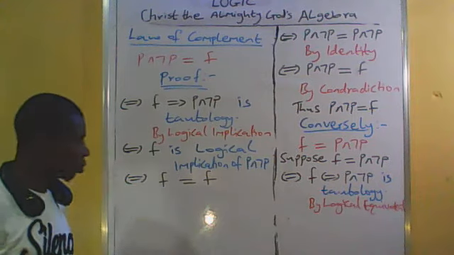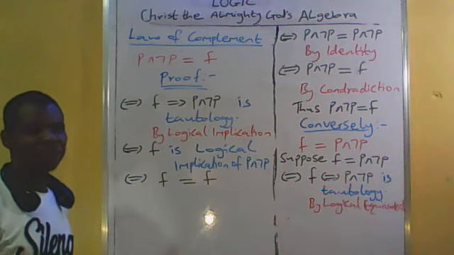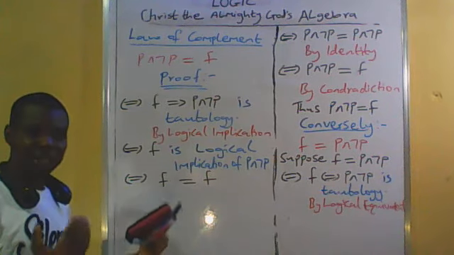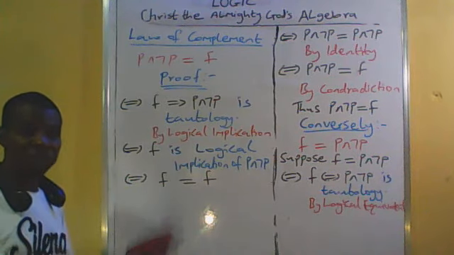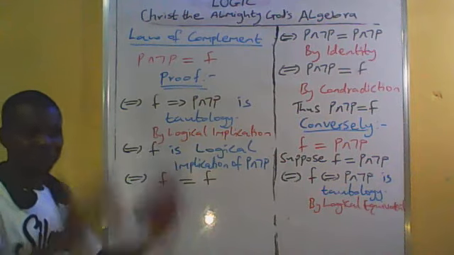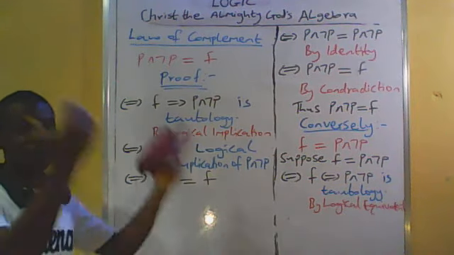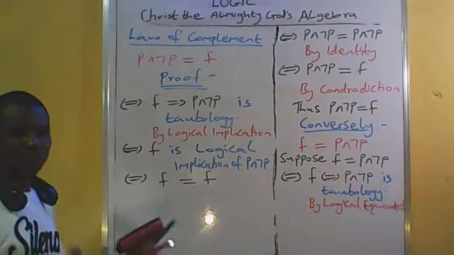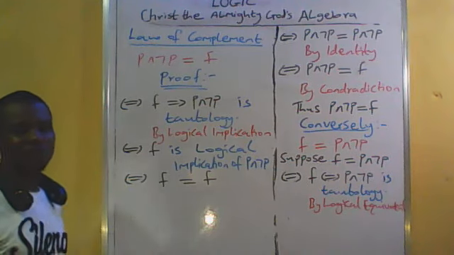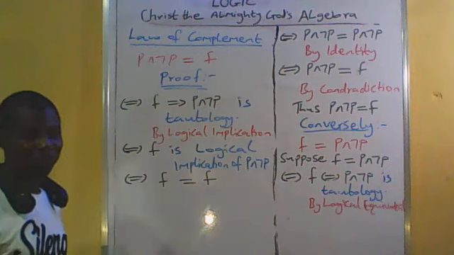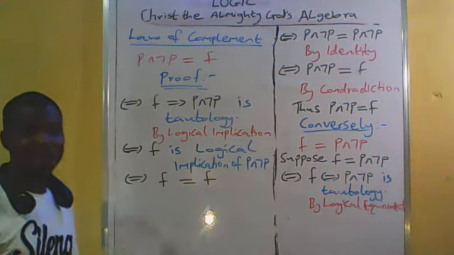And if it is so, it is logical equivalence, because whenever the left hand side of the equation is F, the right hand side of the equation is also F. Whenever the right hand side of the equation is F, the left hand side is also F. You say it's a logical equivalence, being justified by identity.